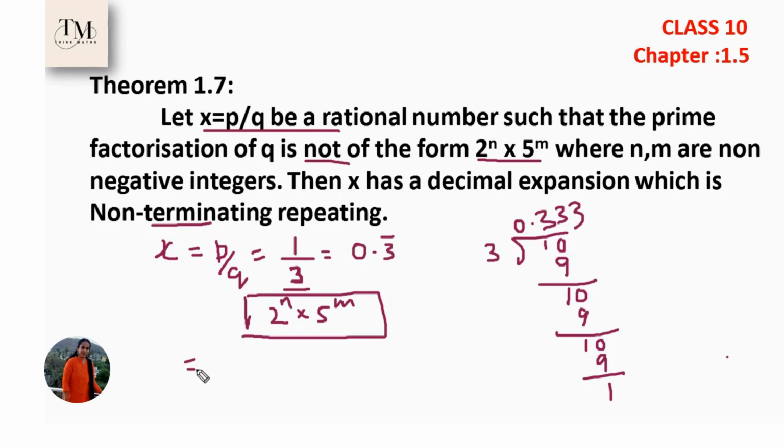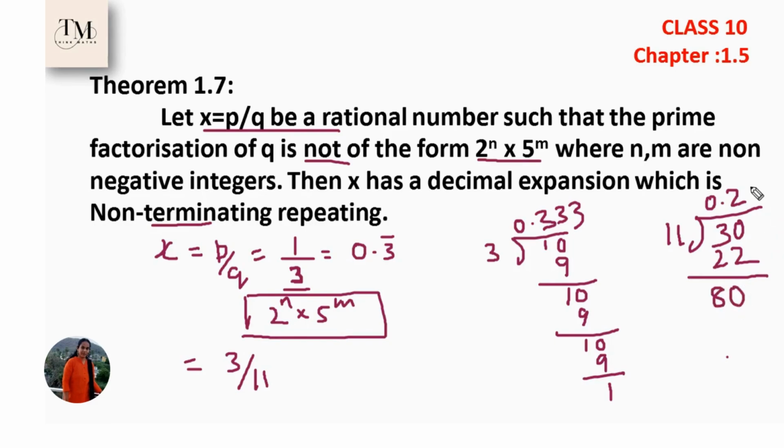Suppose I take another example, 3 by 11. 3 cannot be divided, so I add 1 0, 0 point. 2 into 11 will be 22. 30 minus 22 is 8. Adding 1 0, 7 into 11 is 77. 80 minus 77 is 3.